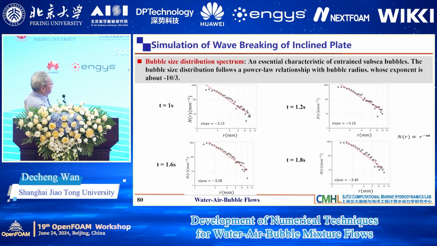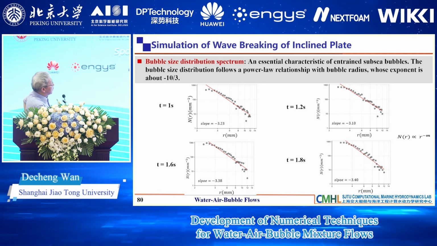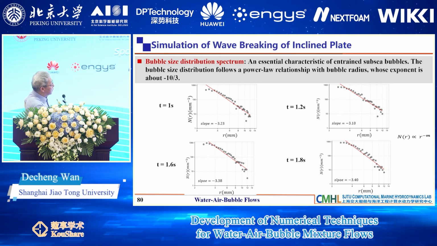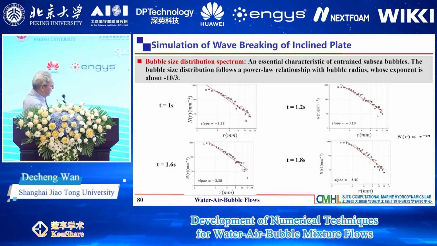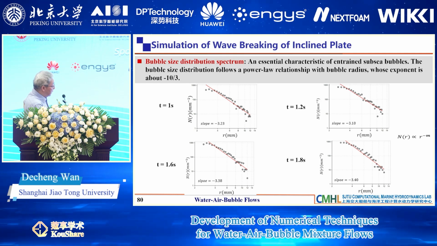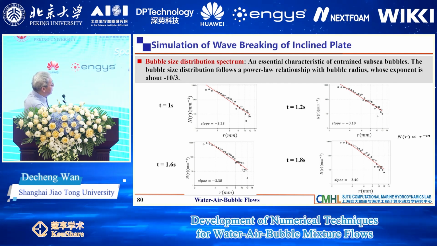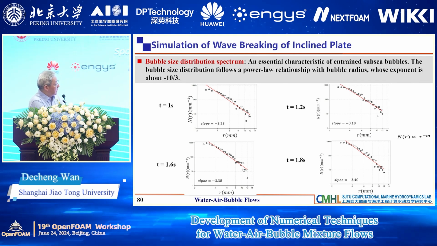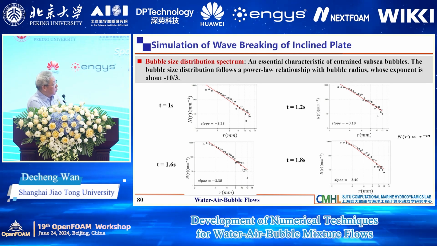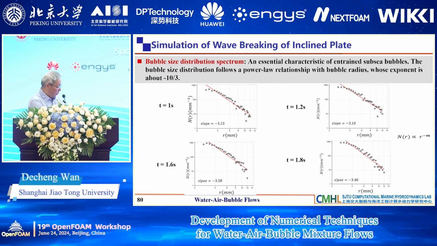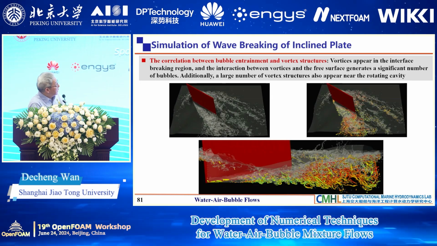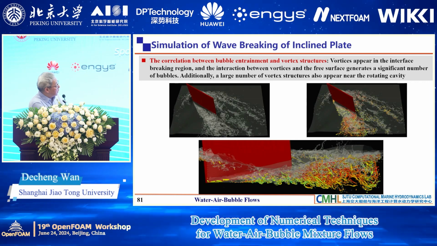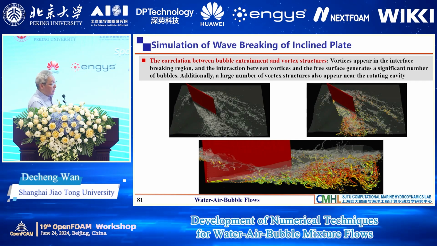And also you can see to analyze the bubble size distribution, the spectrum, you know. So you can see as the time increases, how the bubble size distribution changes. So you can see in different time steps, the bubble distribution, the spectrum also is different. So you can see the bubbles increment, the vortex structure.